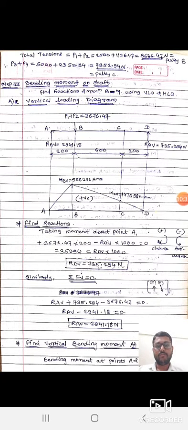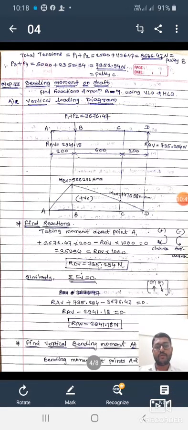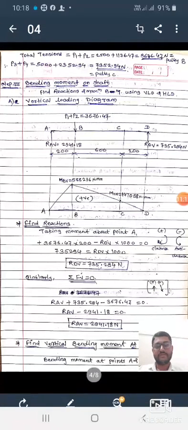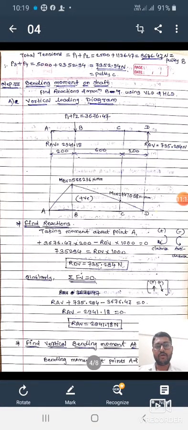Taking bending moment at point A, we have the total tension force 3676.47 into the perpendicular distance between point B and A, here 200, that is clockwise, minus RDV, because the RDV force is acting anti-clockwise, into the perpendicular distance between point A and D, which is 200 plus 600 plus 200, that is 1000. Evaluating this equation, we get the reaction at point D, RDV, equal to 735.294 Newton.